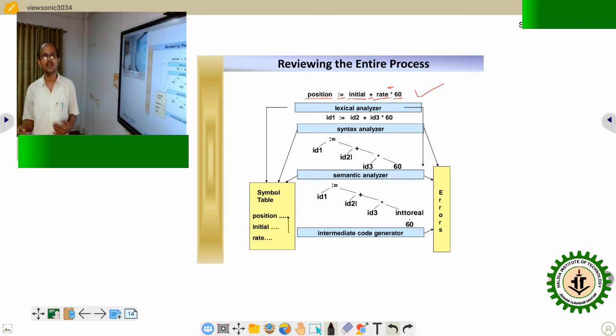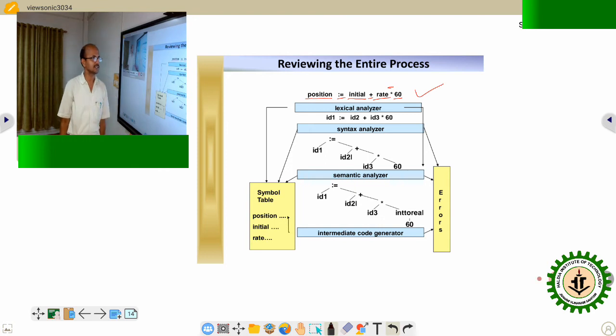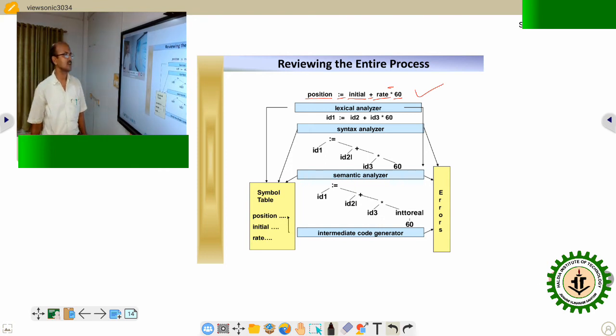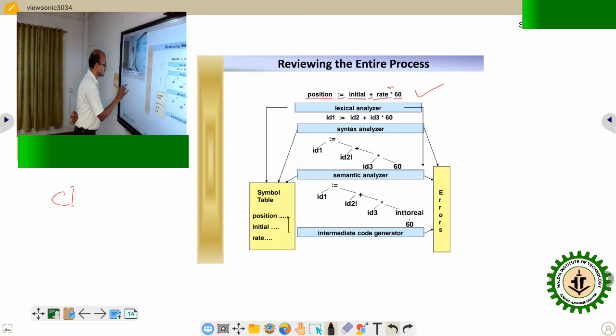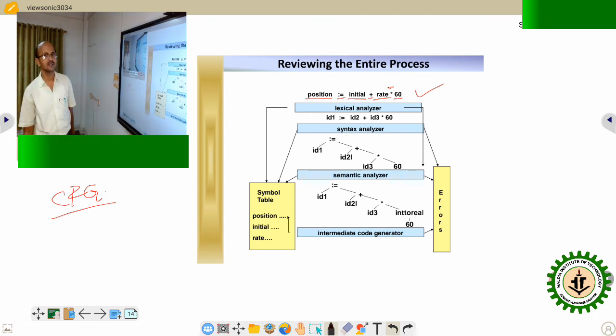Now the syntax analyzer. It checks whether the syntax or the grammar is followed here. In the previous slide we specified the context free grammar, CFG, for accepting that type of sentence. We wrote that an expression may be expression plus expression, may be an identifier, may be a constant value, like 12 or 60 here also.